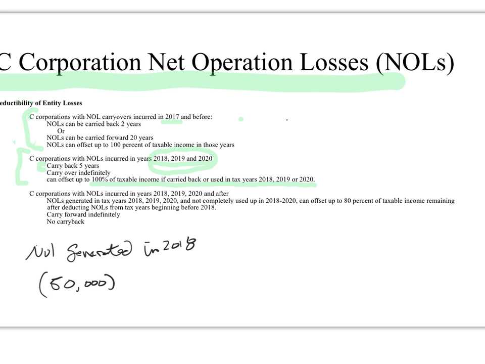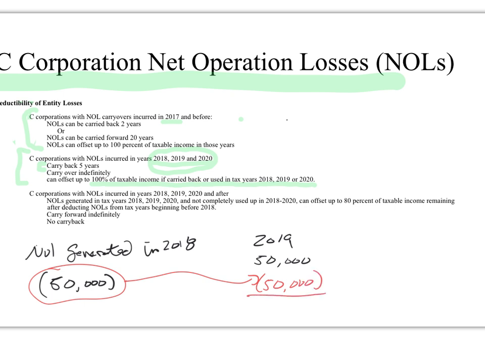If in 2019 you had taxable income of $50,000, you could use this 2018 net operating loss. You could carry it forward and offset 100% of that 2019 taxable income with that 2018 net operating loss. That is something that could have happened.